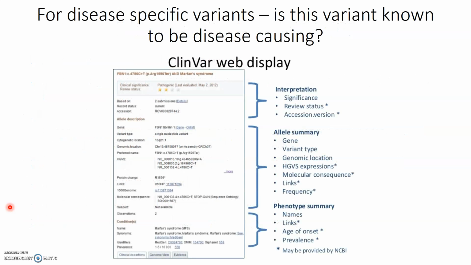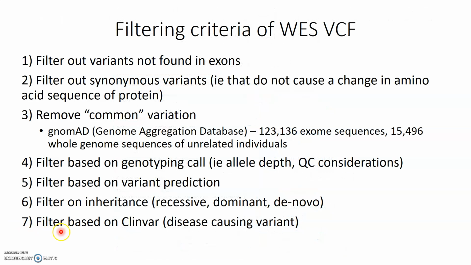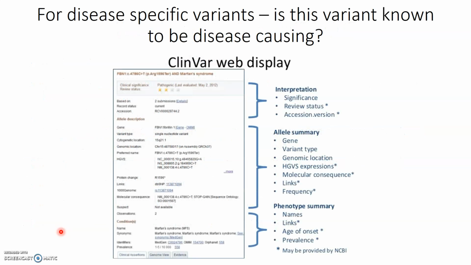We can also, number 7 here, filter based on a database that's available through NCBI called ClinVar. Especially in the case of disease-specific variants, we can see if this variant has been identified as causing a particular disease.